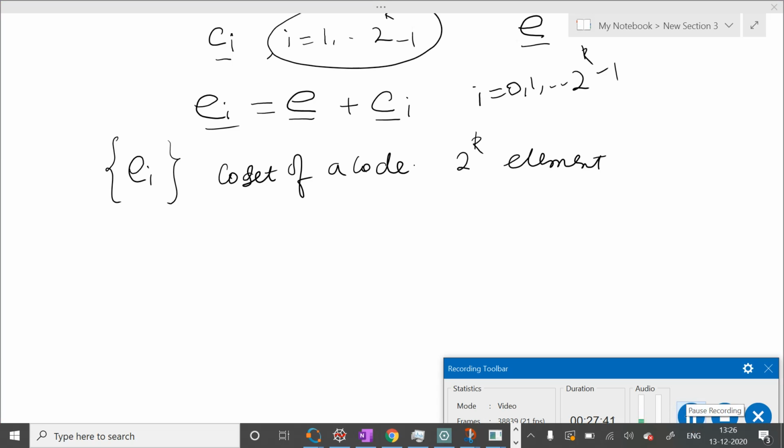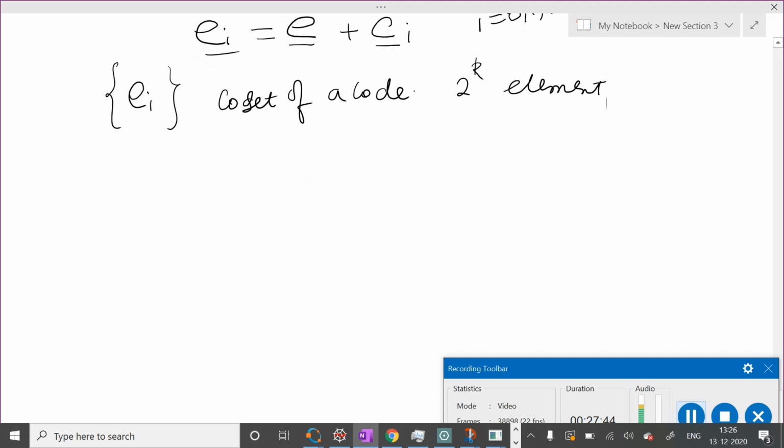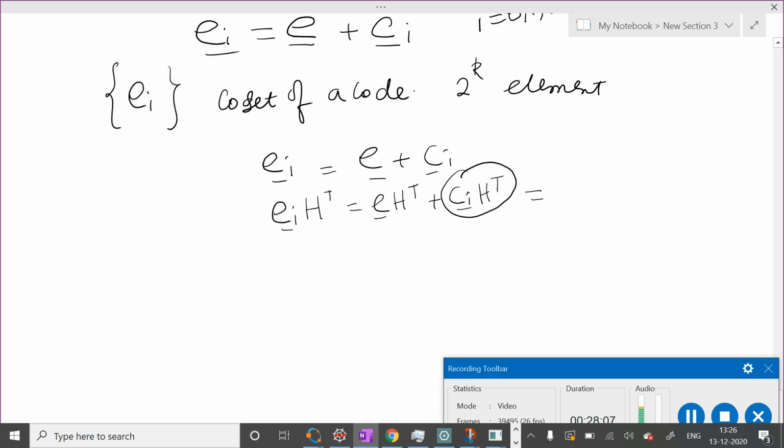And it has one important property. If I take this Ei equal to E plus Ci and post-multiply by H transpose, then EiH transpose is EH transpose plus CiH transpose. CiH transpose is 0 because they are code words, so we get EH transpose.